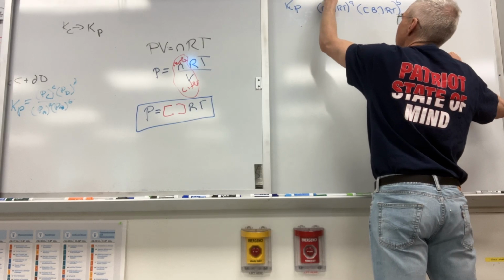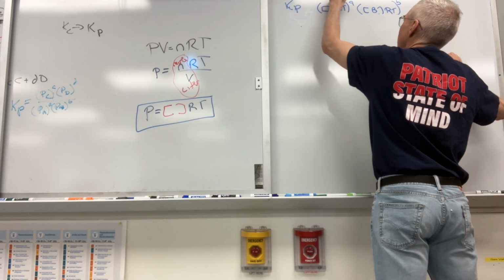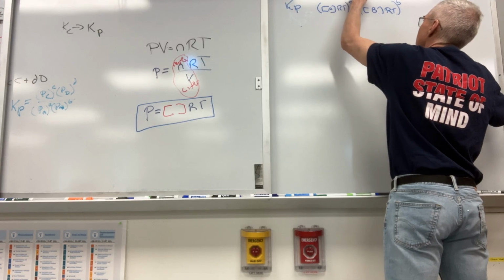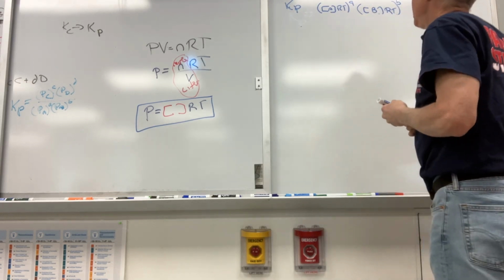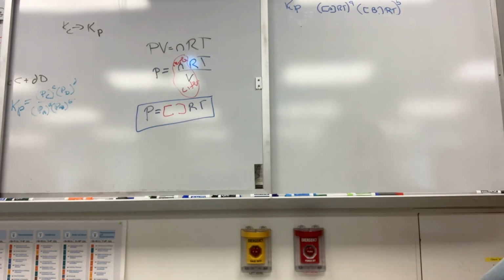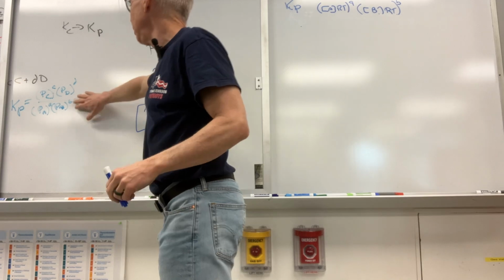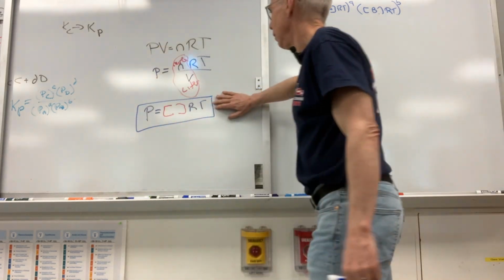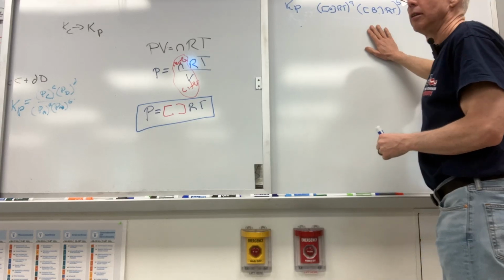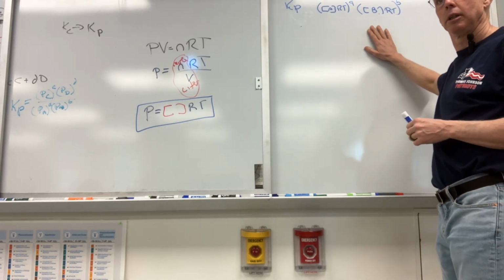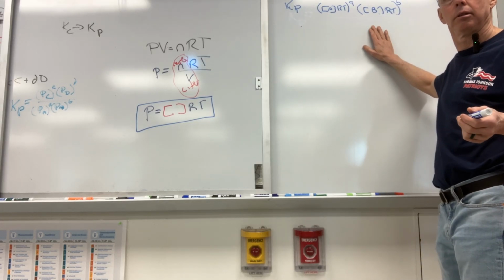Concentration C times RT to the c. Concentration D, RT to the d. No magic there, is there? Literally, all I've done is I've started with the Kp expression. I've taken a simple conversion and I've plopped it in. You good? Nothing magical. All right?